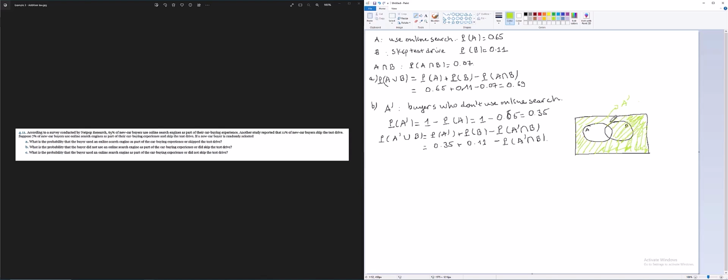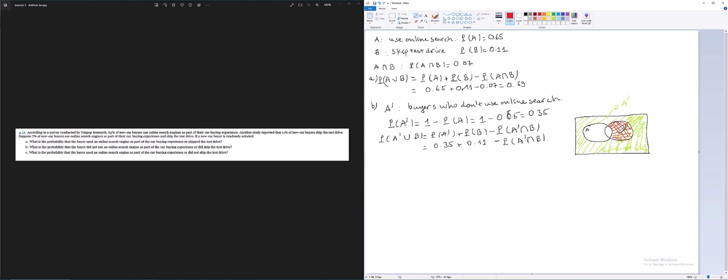So just look at where the green part is inside B, overlapping with B. I'm going to color it red. Sorry about that. So this is the red part, which is A prime intersect B.